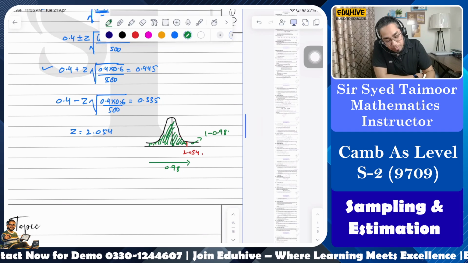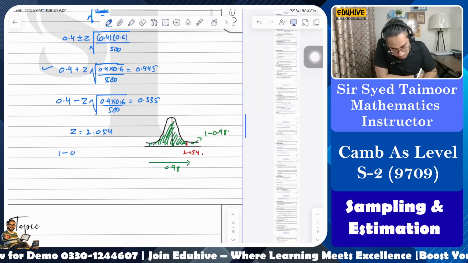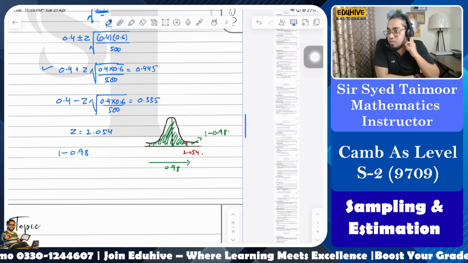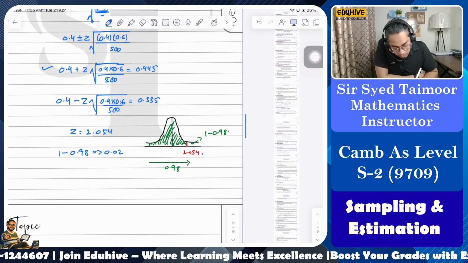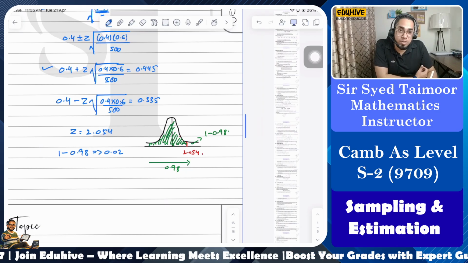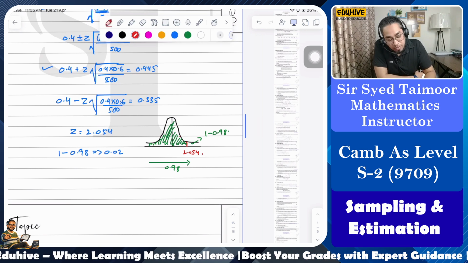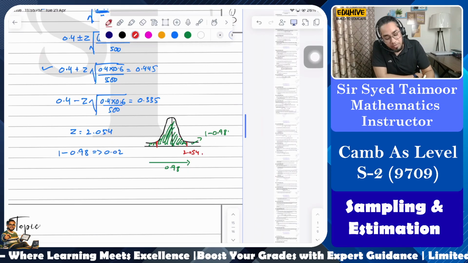What is it? 0.02. It's a two tail, but you check the value for this one, 2.054. There is another tail over here, because it's a confidence interval, it must be two tail.